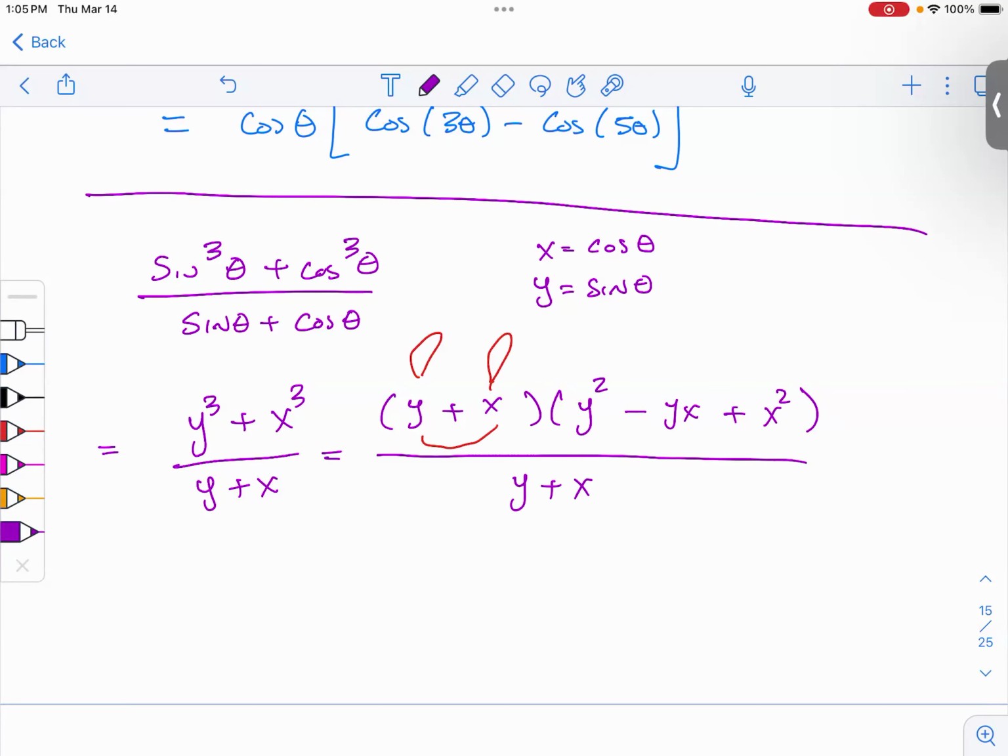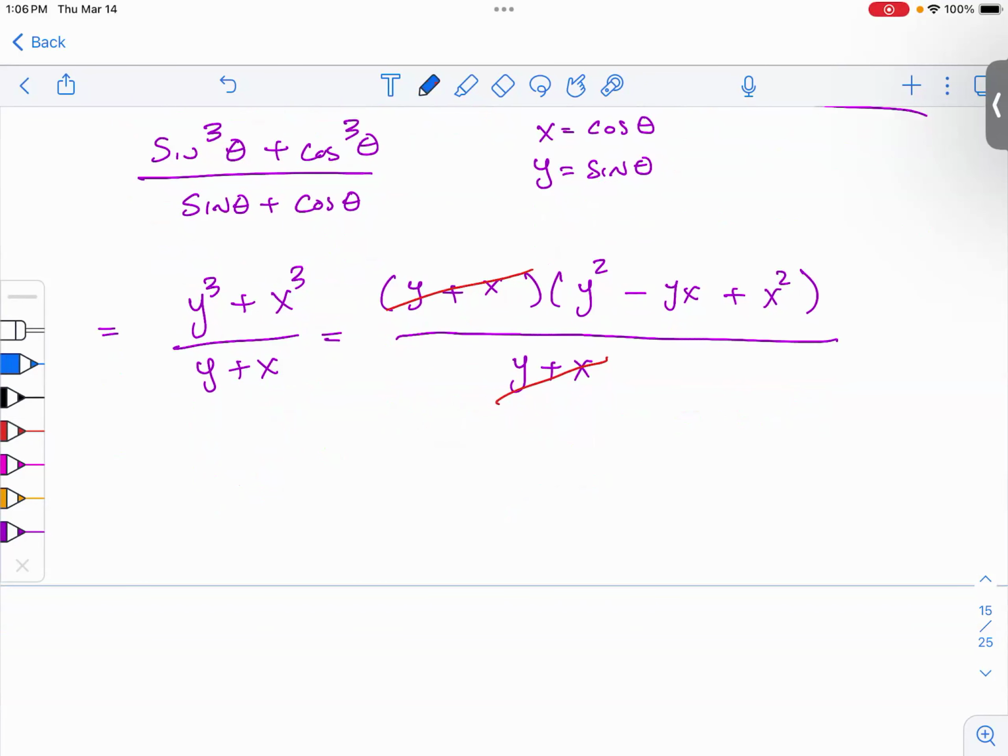The bunny ears might be getting in the way, but y plus x, y plus x, which gives us y squared minus yx plus x squared.